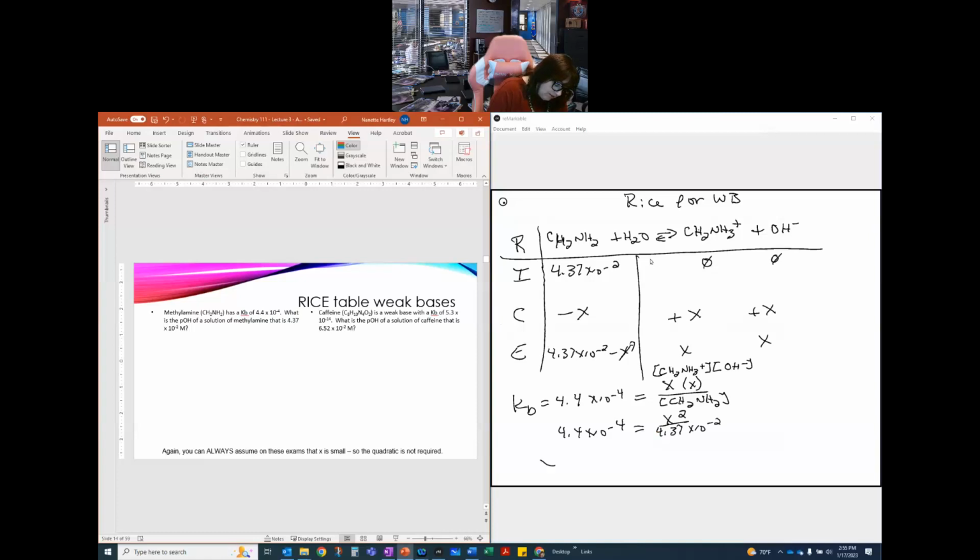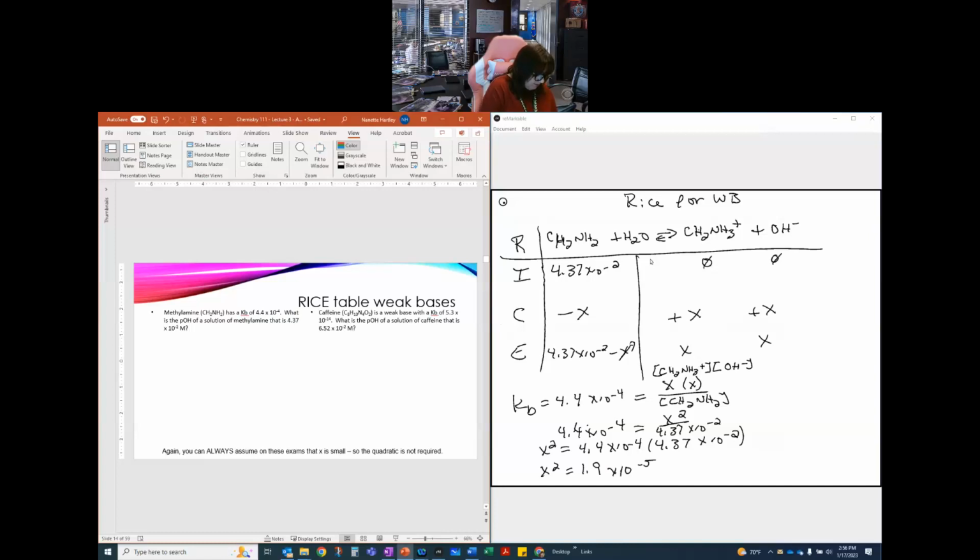So my x squared is equal to 4.4 times 10 to the minus 4th times 4.37 times 10 to the minus 2. That gives me an x squared equal to 1.9 times 10 to the minus 5th.